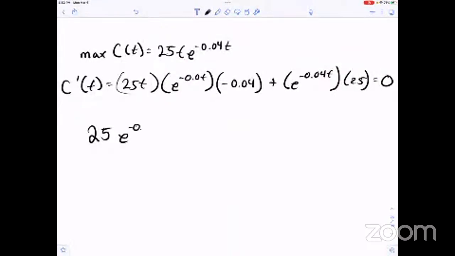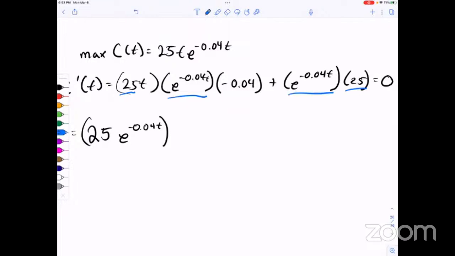That should be 0.04T. If we factor that out from both terms, let me highlight it. We factored out this 25 and this guy, 25 and this guy. So then in the first expression, we still have this negative 0.04 along with this T. And in the second expression, it looks like we have a 1 left over, right?